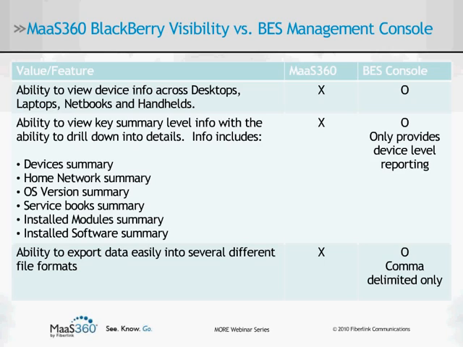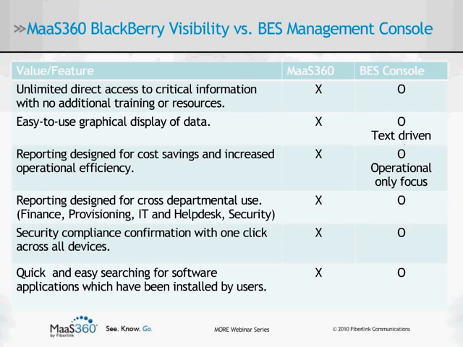With MAS 360, you have the ability to export this data easily into several different file formats, where with the BlackBerry Administration Service, the only option is comma delimited. With MAS 360, you get easy-to-use graphical display of data as compared to text-driven only by BES.